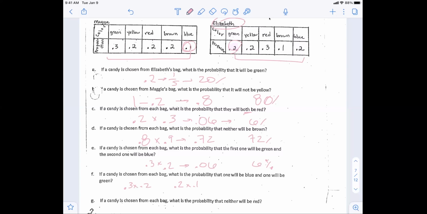Since both of those situations are okay, we're going to add those two situations together. Both of those are okay that they happen, but they're two different situations. So we can add those two together. That is 0.06 plus 0.02, which is 0.08 or 8%.